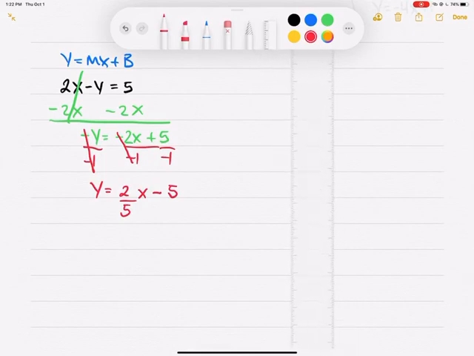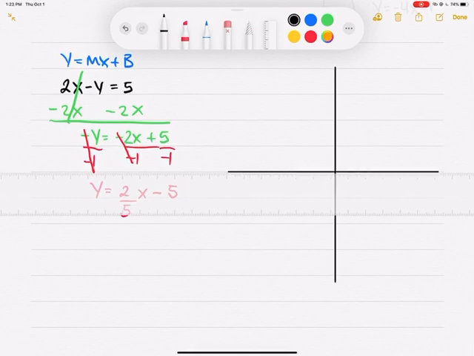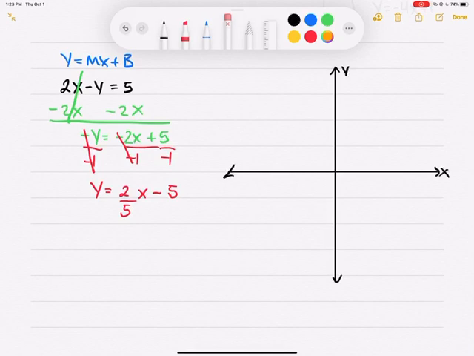I'm going to place my graph. Label my x and y axes. My slope is 2 over 1.